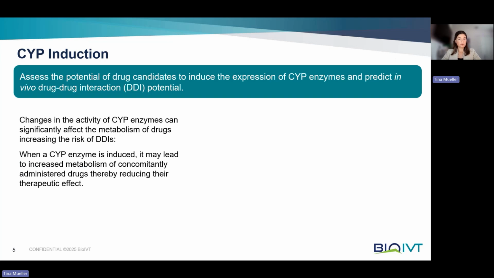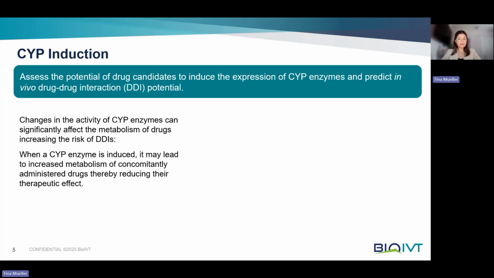So, what is the goal of a CYP induction study? In short, it assesses the potential of drug candidates to induce the expression of drug metabolizing enzymes and therefore predicts the in vivo DDI potential. This is important because, as you probably know, CYP enzymes are the most important class of drug metabolizing enzymes. And indeed, it is estimated that over 50% of all drugs are metabolized by this class of enzymes.